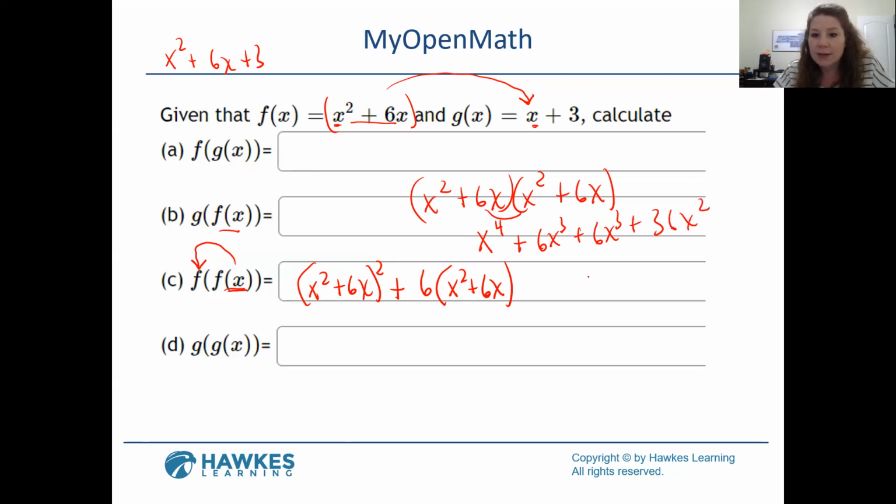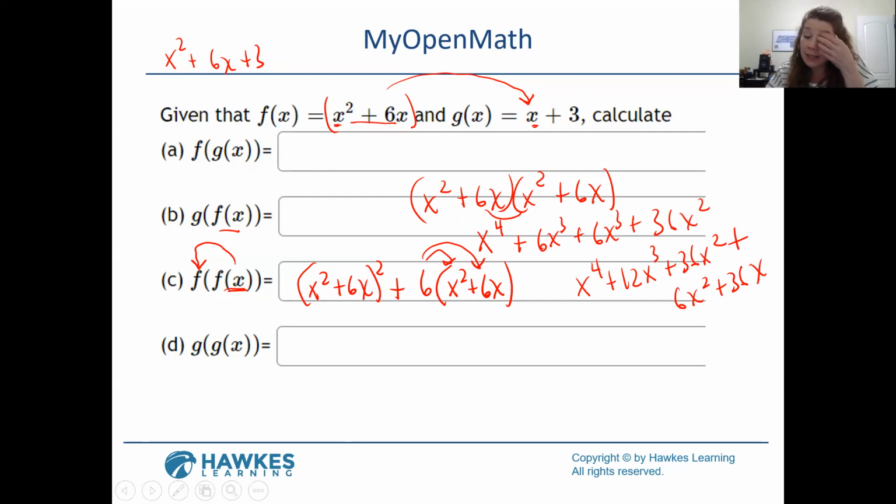All right, so then that'll be x to the 4th plus 12x to the 3rd plus 36x squared. And then the rest of it was this part, plus 6x squared plus 36x.